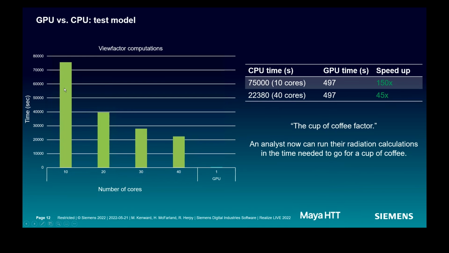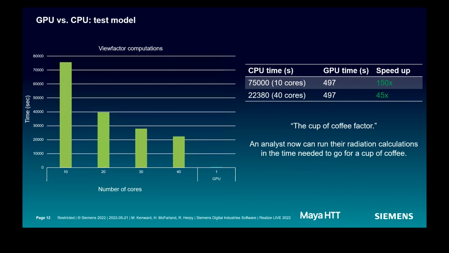In our current implementations, with 10 CPUs, it takes on the order of 75,000 seconds. With 40 CPUs, so it's MPI parallelism, it's taking on the order of 22,000 seconds. However, with our new implementation, which is a single commodity level desktop GPU, we can do the same simulation on a single PC in on the order of time that it takes to go get a cup of coffee.